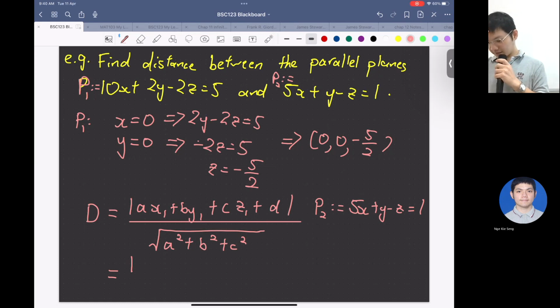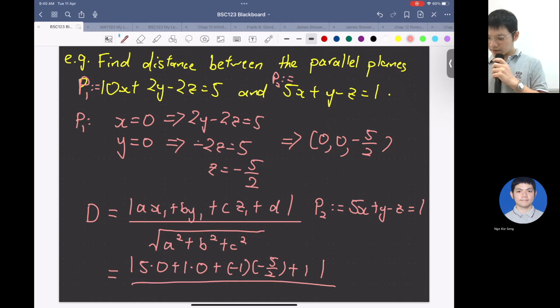So the numerator is 5 times 0 plus 1 times 0 plus minus 1 times minus 5 over 2, plus 1, over the square root of 5 squared plus 1 squared plus minus 1 squared.